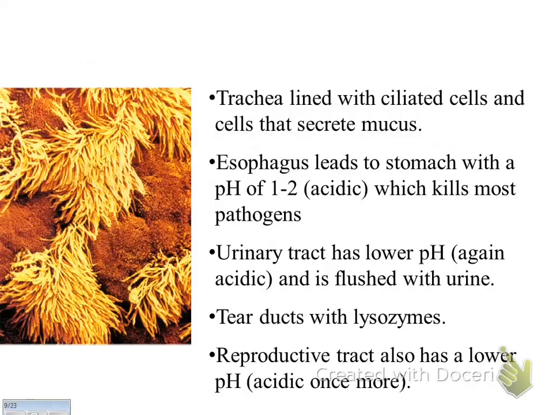Tear ducts: we said that tears have lysozymes. And the reproductive tract, like the uterus, also has a low pH. So either it's mucus, where the bacteria get stuck and can't go further, a barrier, or the pH prevents the bacteria from surviving. Do y'all see how this works now? The skin is like a barrier.